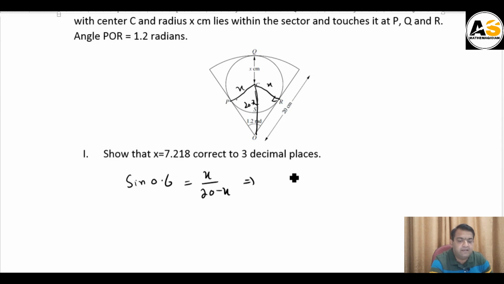From here I will write 20 minus x is equal to x over sine 0.6.